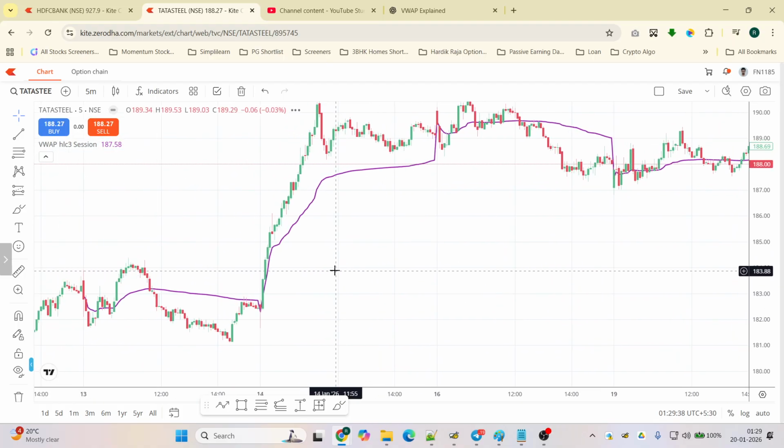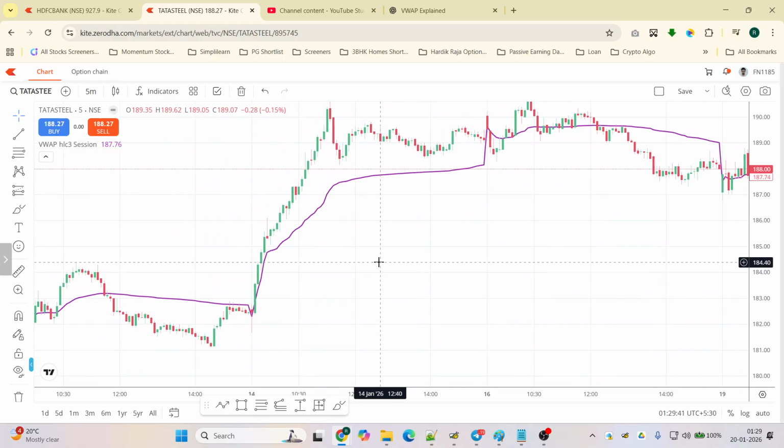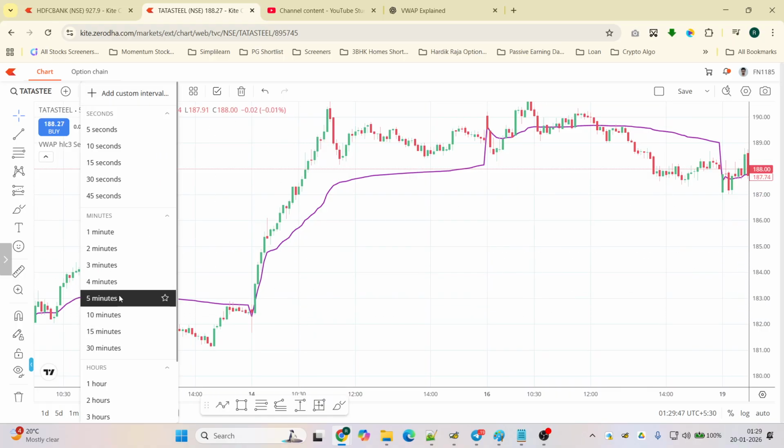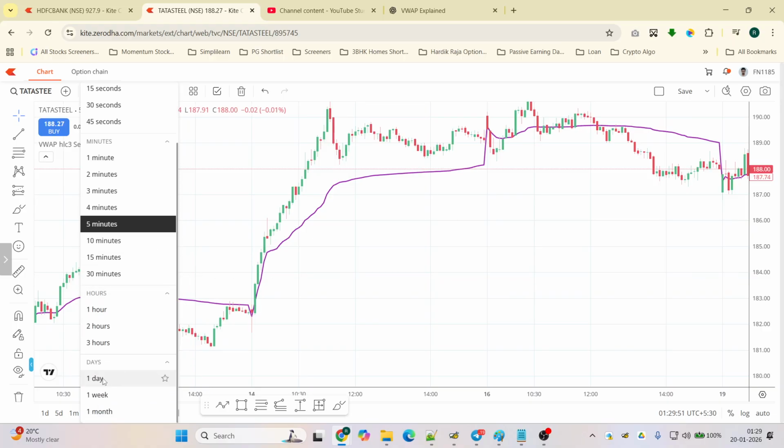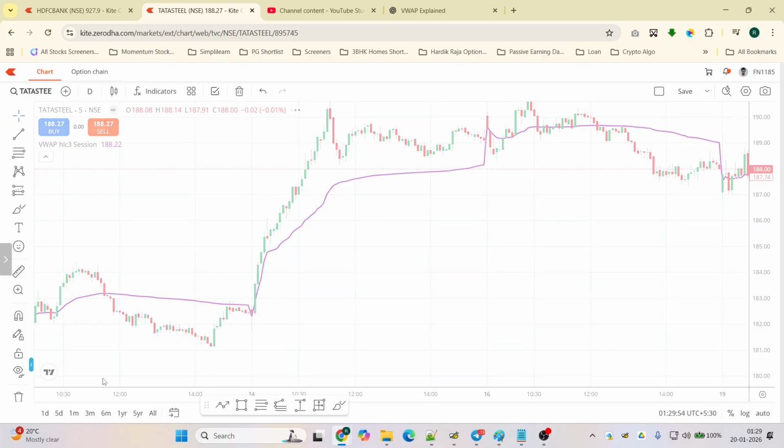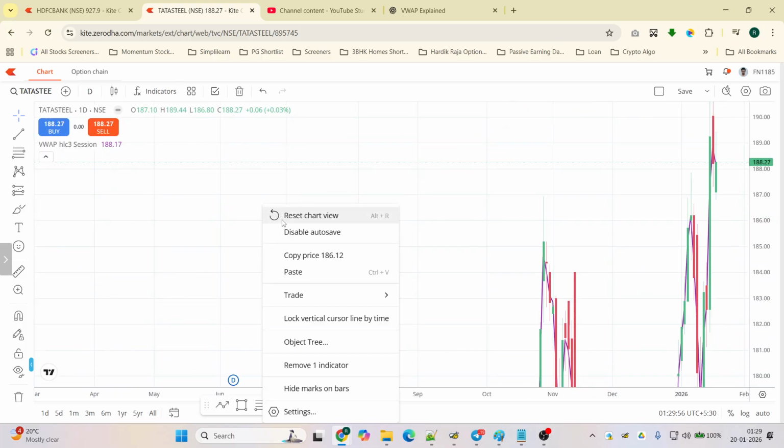Now, how do we understand this VWAP indicator? As I said, I am on a 5 minute time frame because I'll show you why this will not work for a higher time frame like a day, week or month. Now I have selected the day time frame.